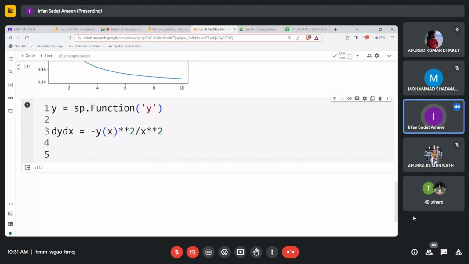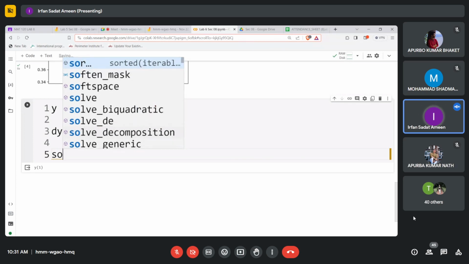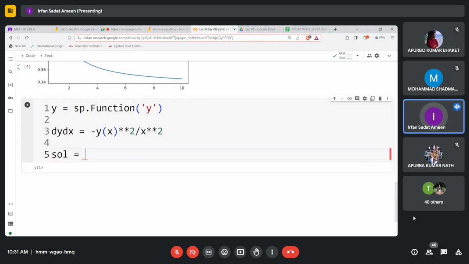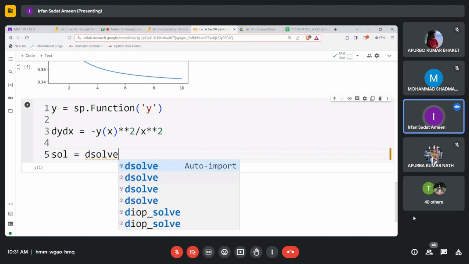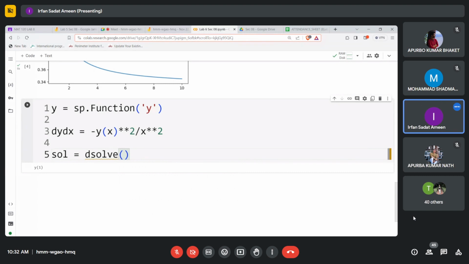How do you solve this? To solve it, from sympy we will use a function. So what you need to do is write dsolve. Okay, it's the same as solve and solveset. So solve or solveset would solve for x, but if you want to solve a differential equation, you write dsolve. Inside it you have to give some arguments.